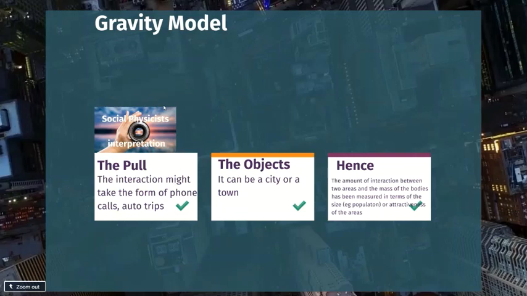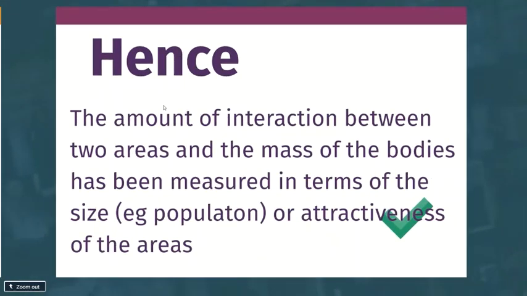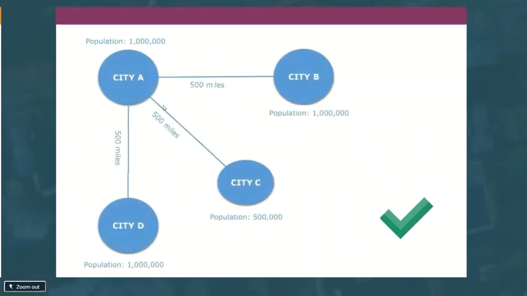In that case, you are going to find more people moving from different places to Accra Central than people going to Insawam. Hence, the amount of interaction between two areas and the mass of their bodies has been measured in terms of the size, that is the population or attractiveness of the area.